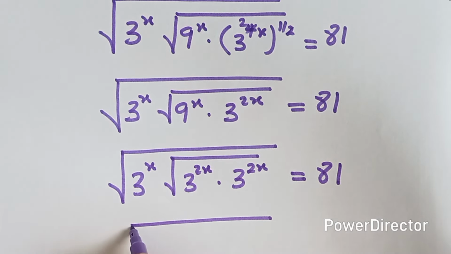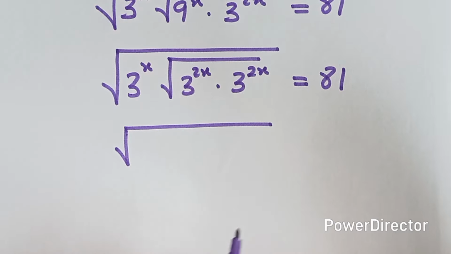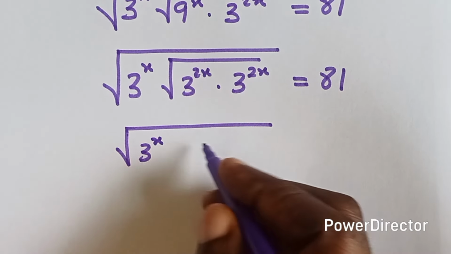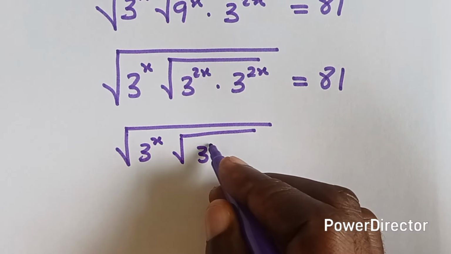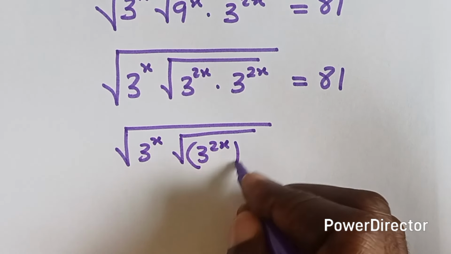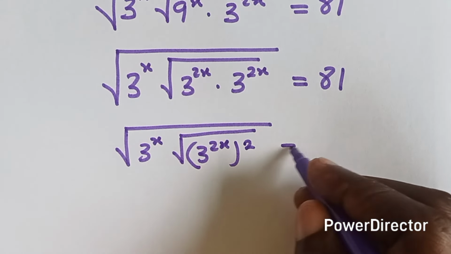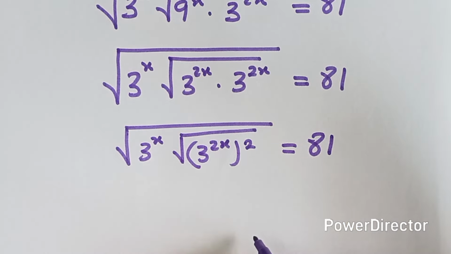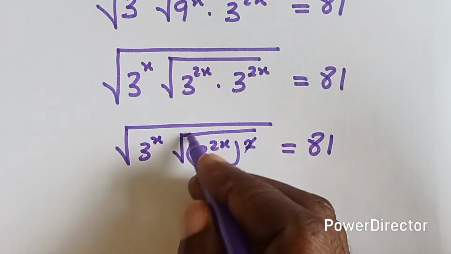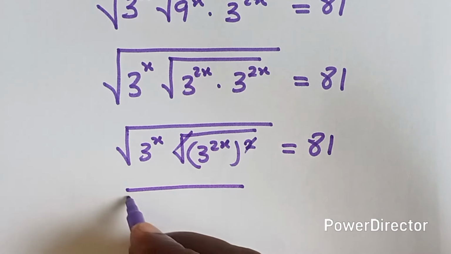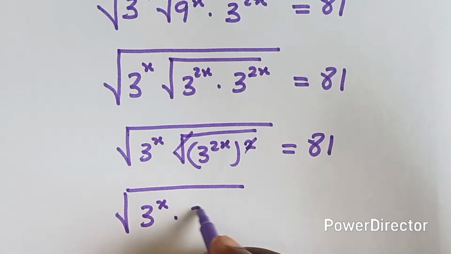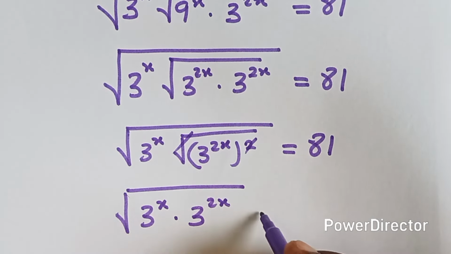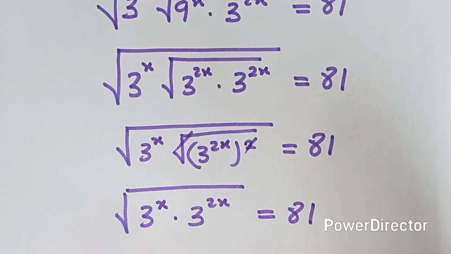So now 3 raised to power 2x multiplying 3 raised to power 2x, let's write it as 3 raised to power 2x squared, since we have two of them, equals 81. And then the square, we cancel the square roots, so we have 3 raised to power x multiplying 3 raised to power 2x, everything equals 81.